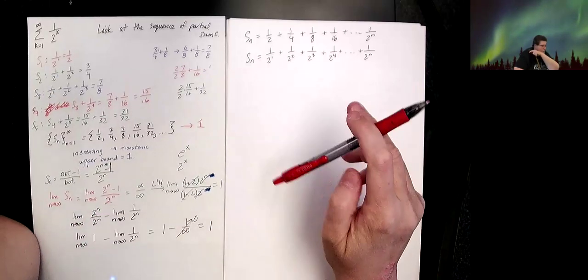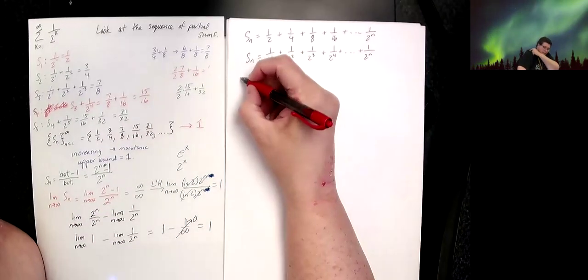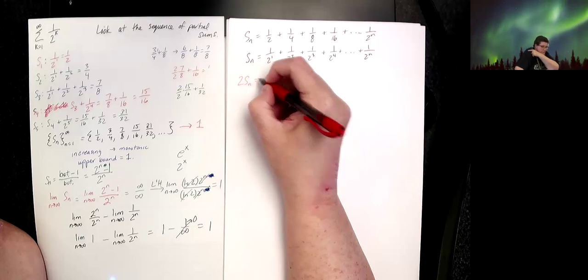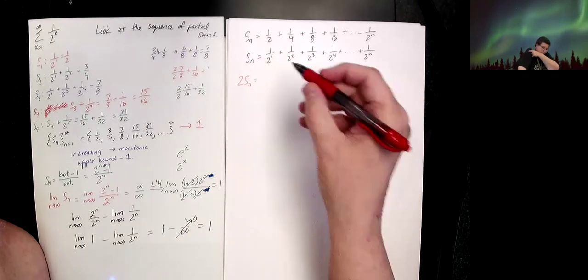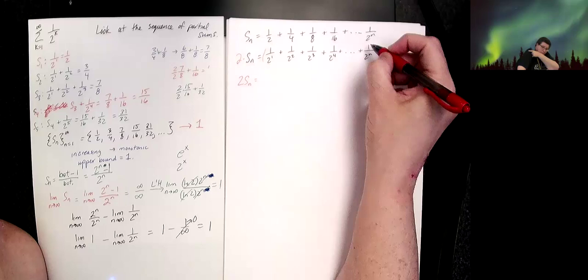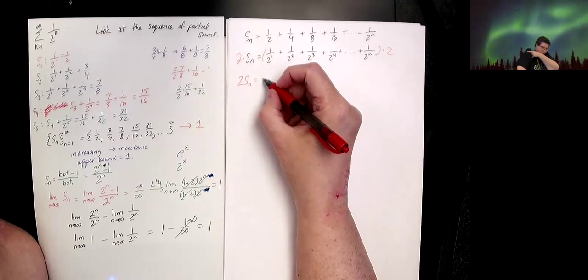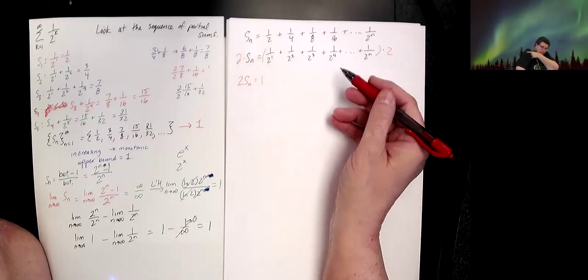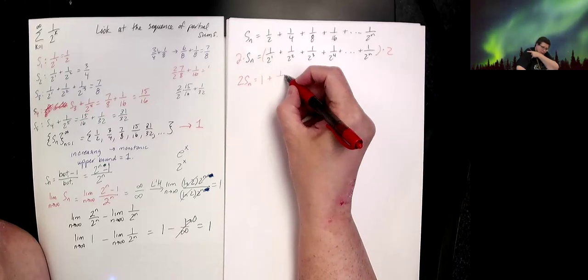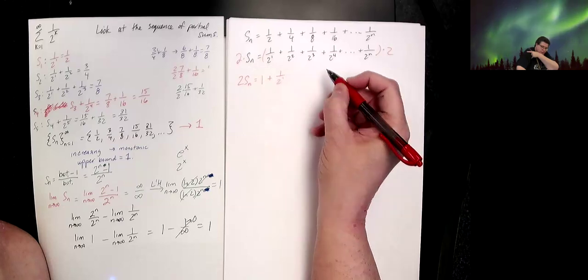Now we're going to multiply by 2. 2 S of n, we're going to distribute to everything. 2 over 2 is going to be 1. This is going to be 1 over 2 to the first power.